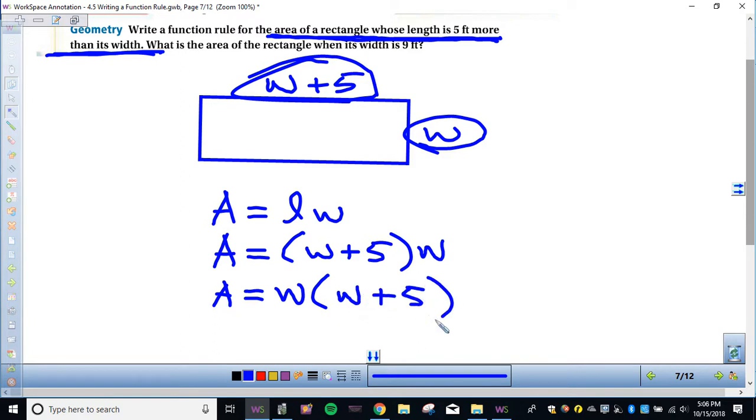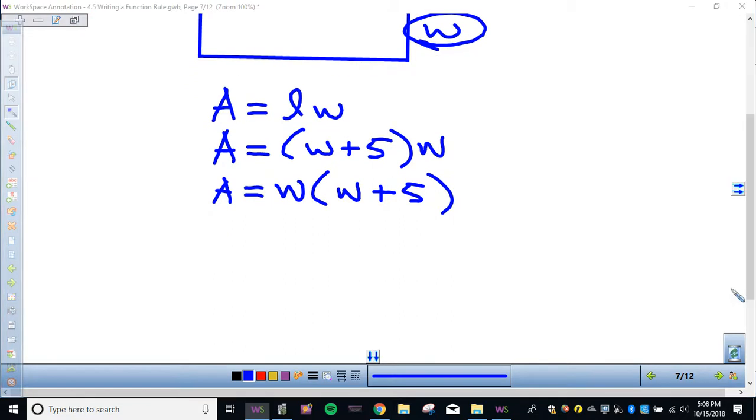And then they tell us that the width is 9 feet. So they want us to say what the area is going to be with the width being 9 feet. So I'm going to plug in the 9 for both of those W's. And it looks like that. Remember PEMDAS, the order of operations. You have to do parentheses before you multiply the 9 in front.